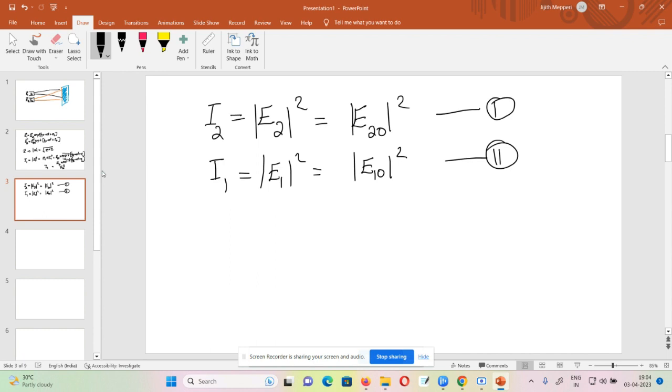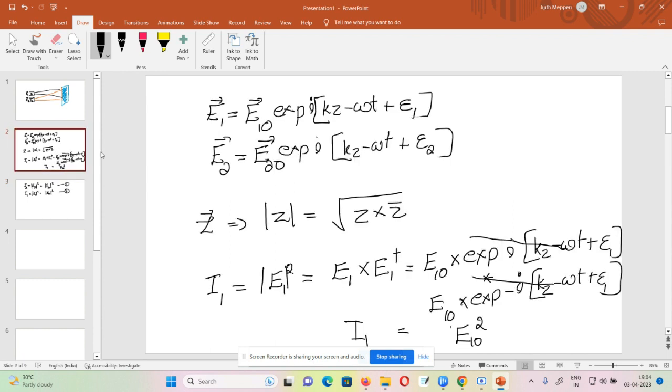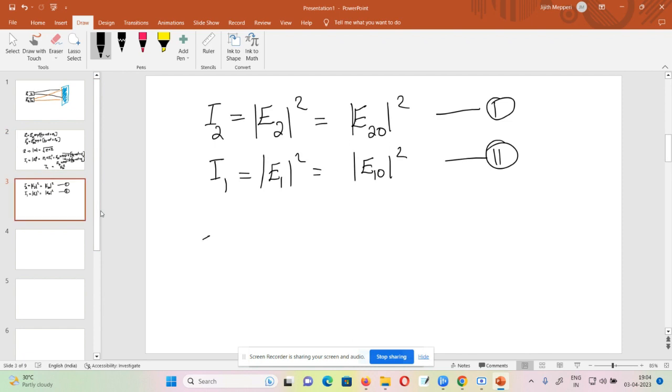Okay. Now I have two electric fields, E1 and E2, and I am going to interfere them. Interfere means the net E will be equal to E1 plus E2.